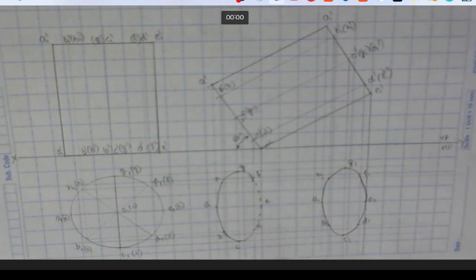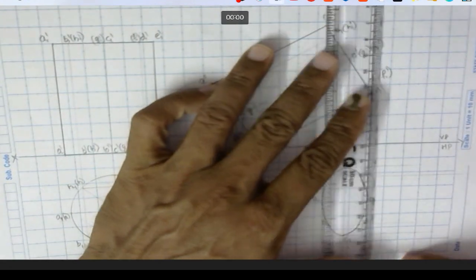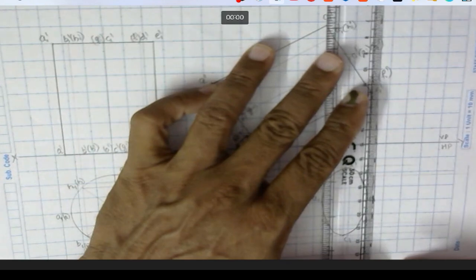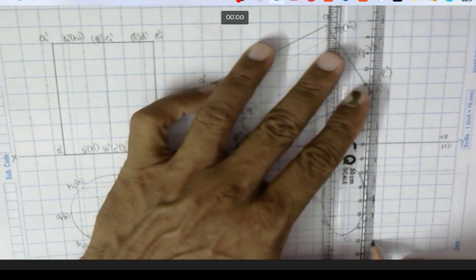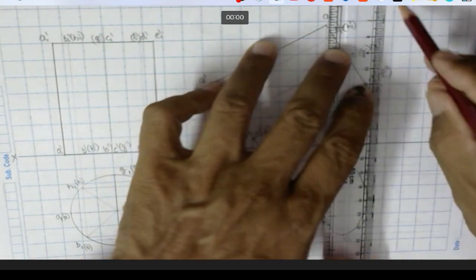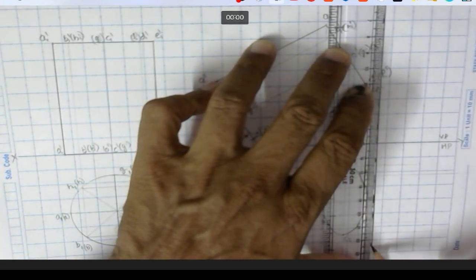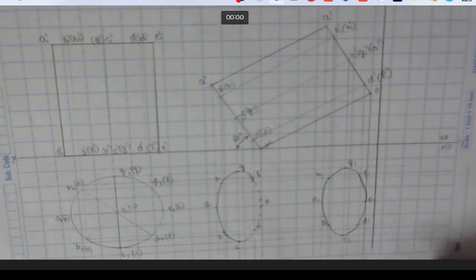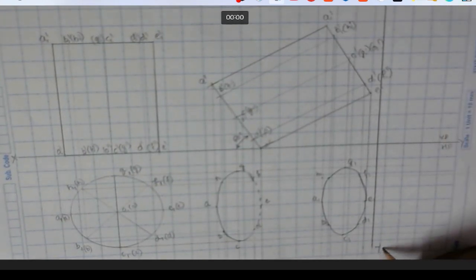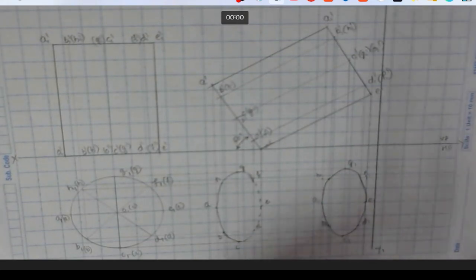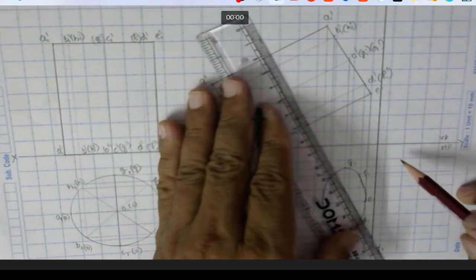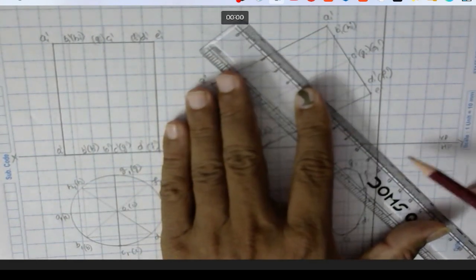Okay. Now to obtain the side view, so what I'll do, I'm going to draw a line here, that is what a secondary reference line. So it is what x1, y1. Okay. So from these intersections, you just draw a 45-degree line here.